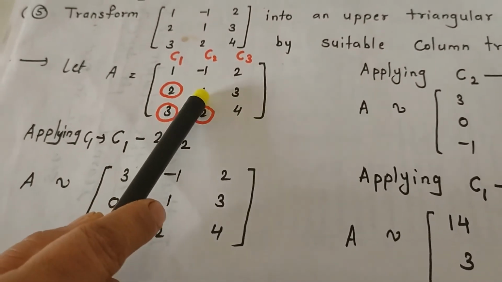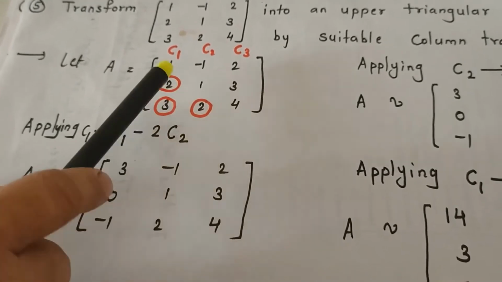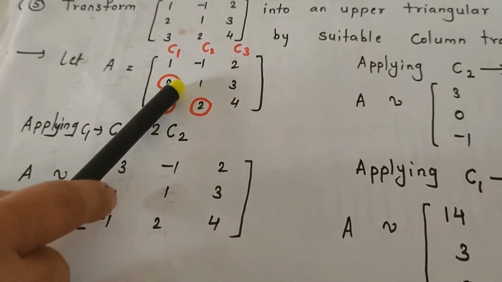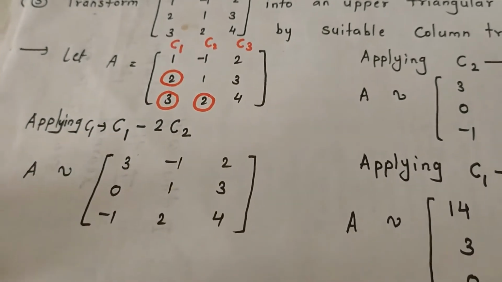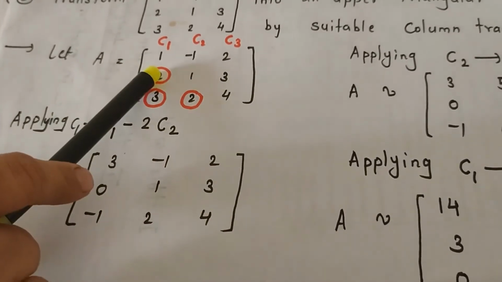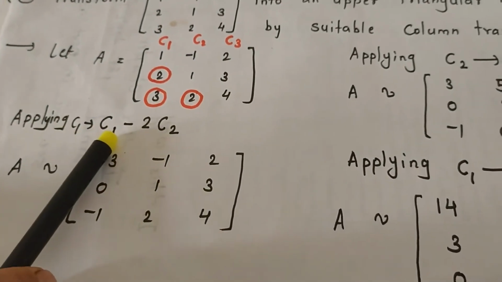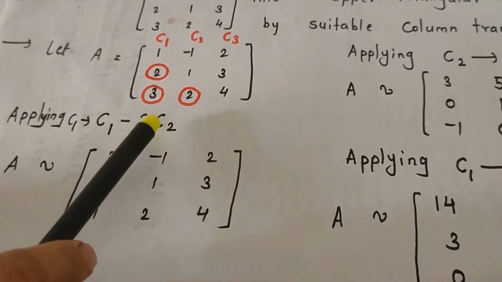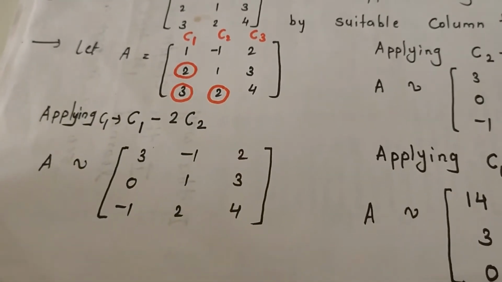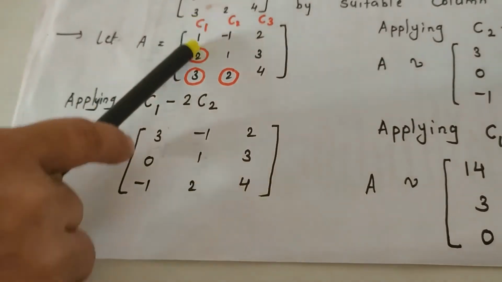Multiply this element 1 by 2 and subtract it from this 2, then we get this element 0. So applying the transformation changes in C1. 2 lies in C1. So change in C1 such that C1 minus 2 into C2. So here changes are done in column 1.